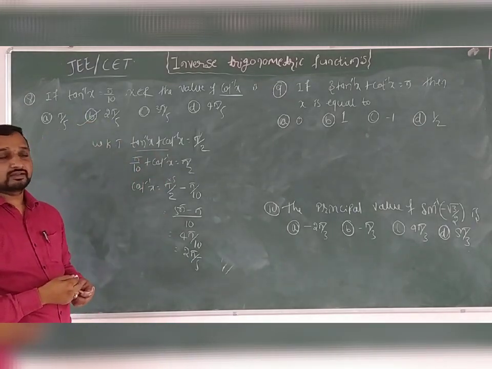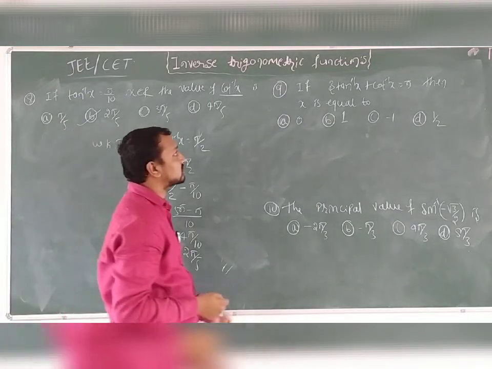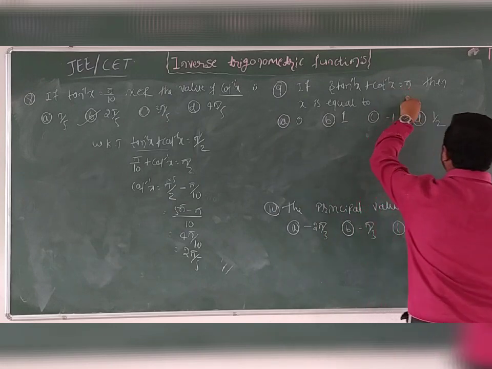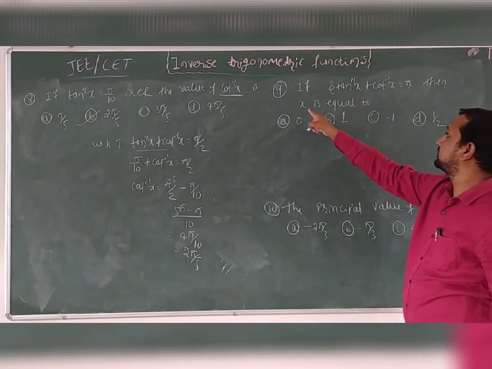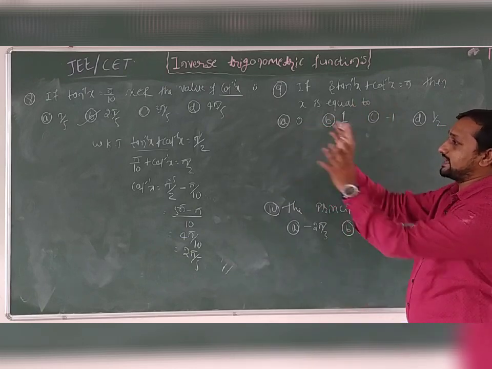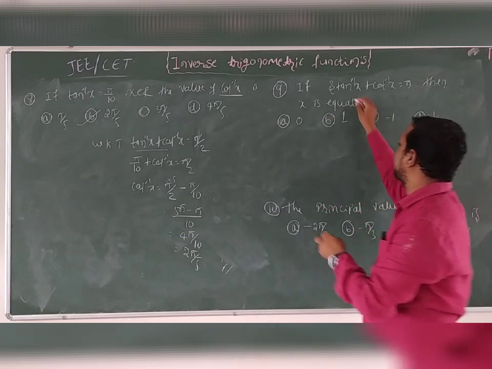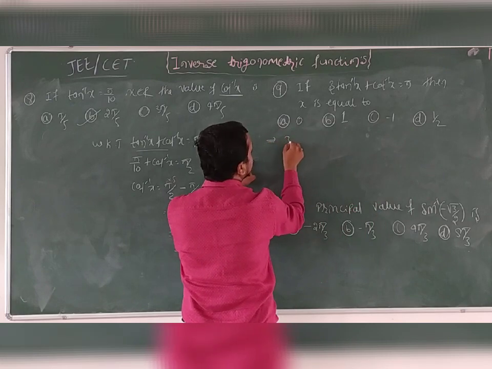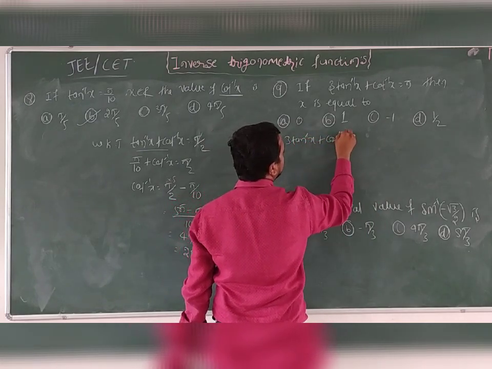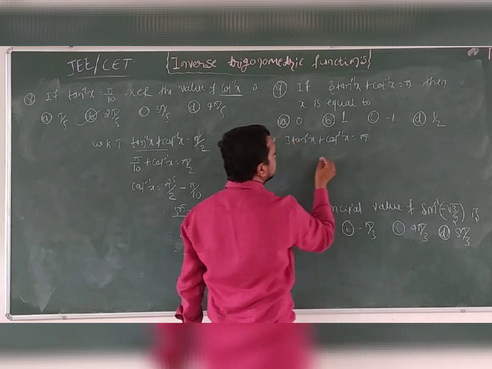Okay, and see the 9th question. If 3 tan inverse of x plus cot inverse of x equal to pi, then x is equal to what? Again we use that formula only. Let us consider 3 tan inverse x plus cot inverse x equal to pi.